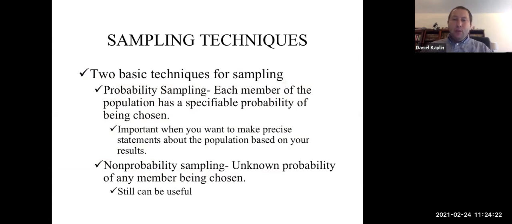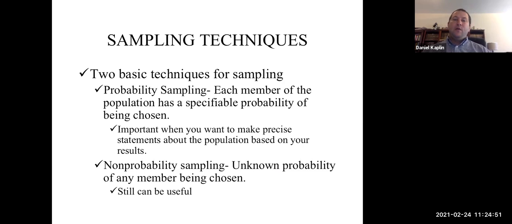Now, when we talk about sampling techniques, there are two basic sampling techniques, and each of them has several subtypes. So I'm going to define them in principle and then go through them. We have something called probability sampling. Probability sampling is when you know the likelihood of an individual being chosen. You'll notice the specific probability of being chosen must be known.